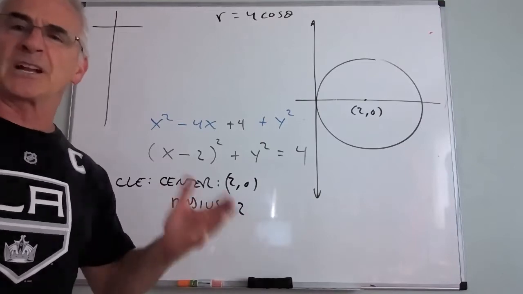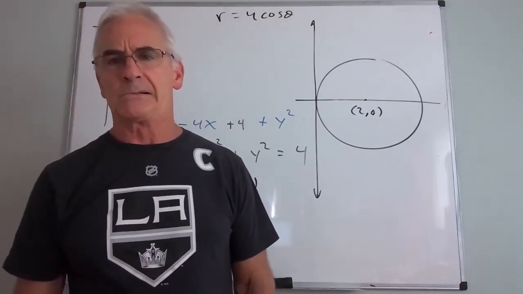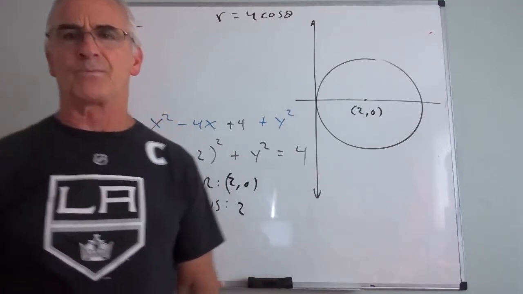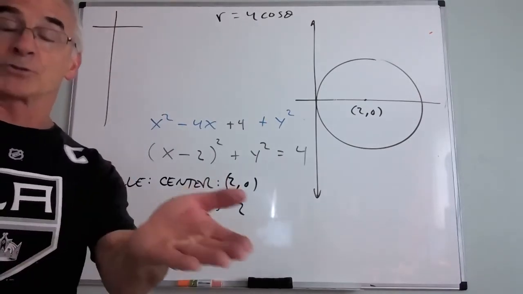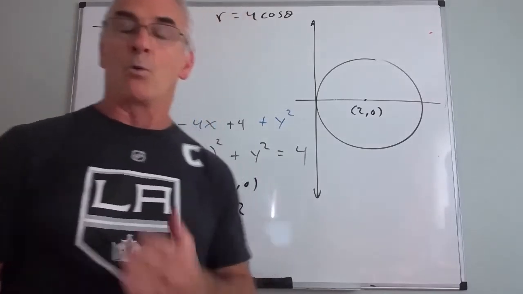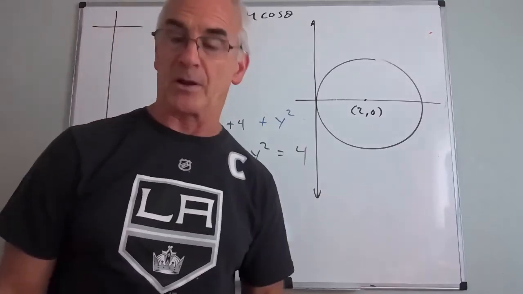In other words, which one should I treat as my independent variable, R or theta? I would change theta so that you can just figure out cos theta and get R from there. Yeah, so we're going to treat theta as the independent variable. That's pretty much always the way it's going to work. We're always going to think of R as a function of theta, not the other way around.